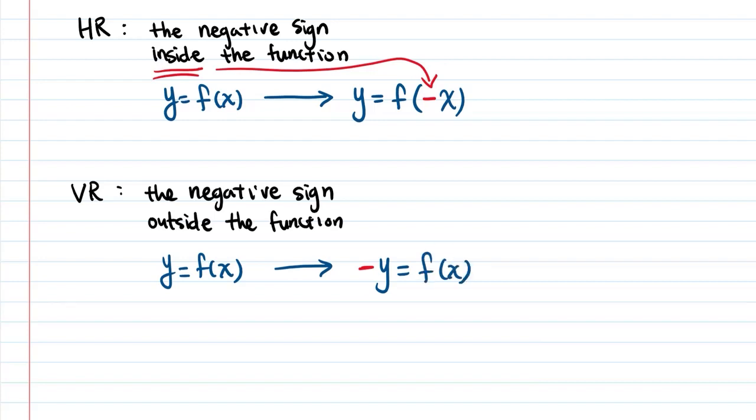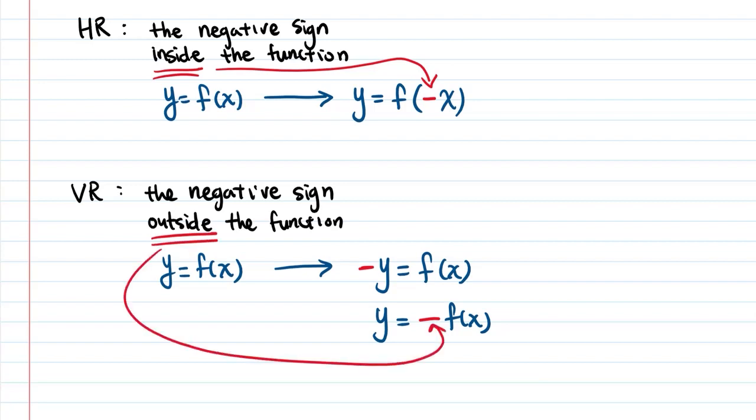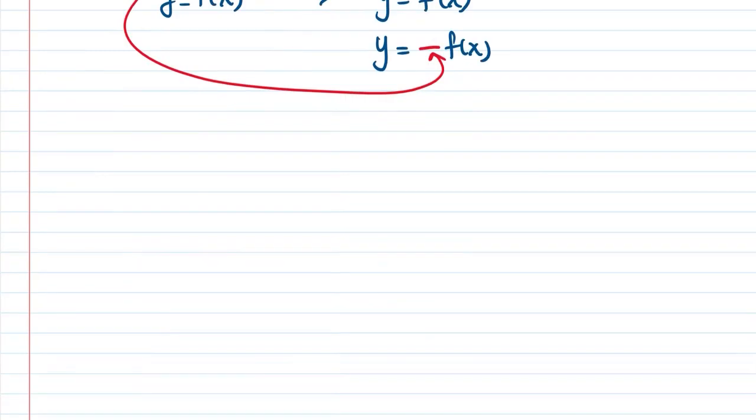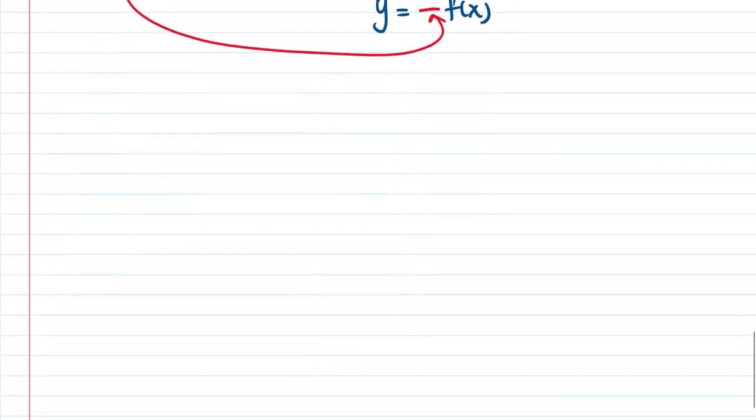But if you rewrite it as y is something, this negative goes outside the f of x. So y is negative f of x. The word outside is referring to having the negative sign outside the f of x, right there.